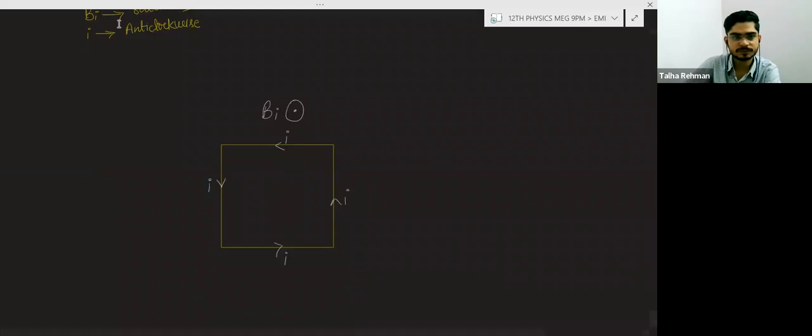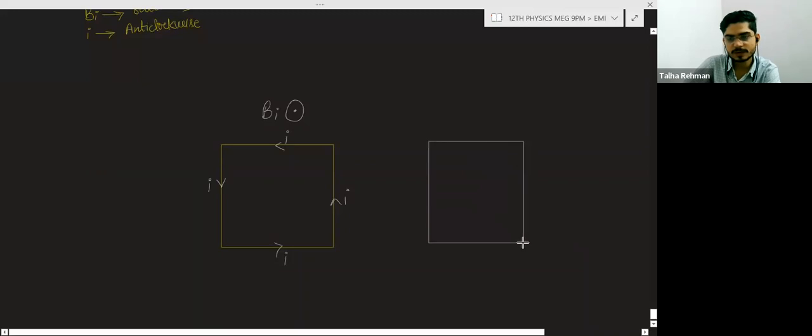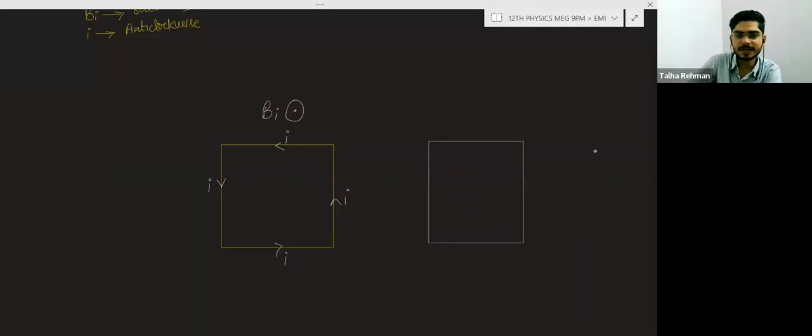Suppose here is the coil and the induced magnetic field is inwards. Inwards means you will point your thumb inwards, away from you, and you will curl your fingers like this.